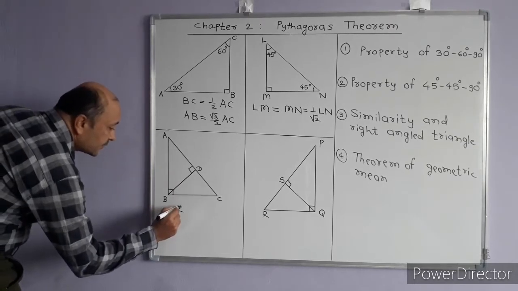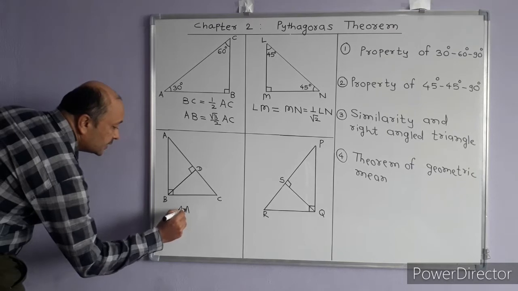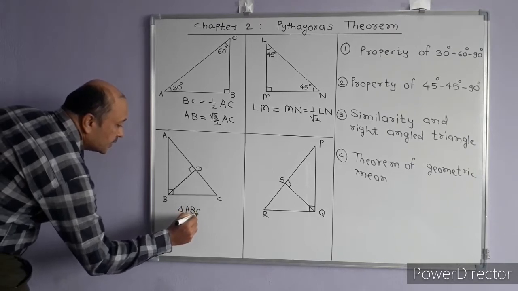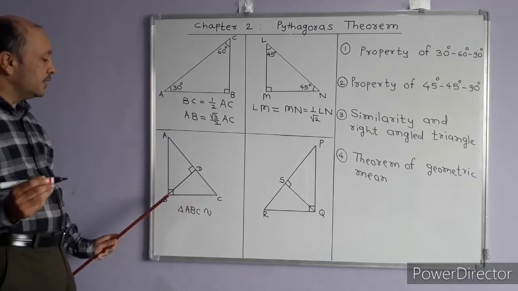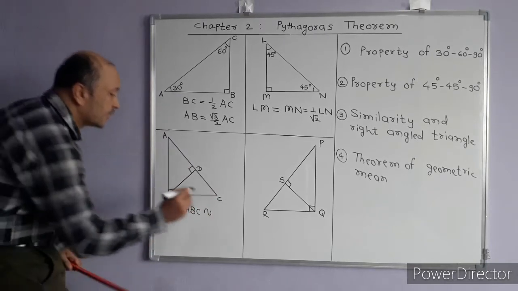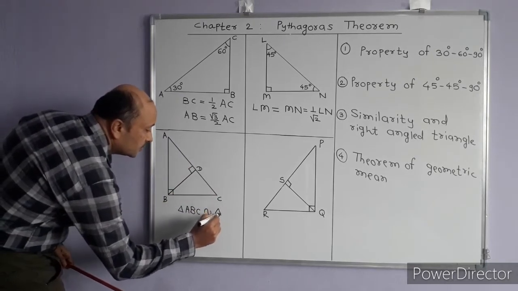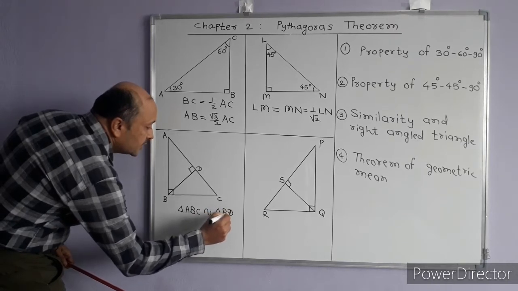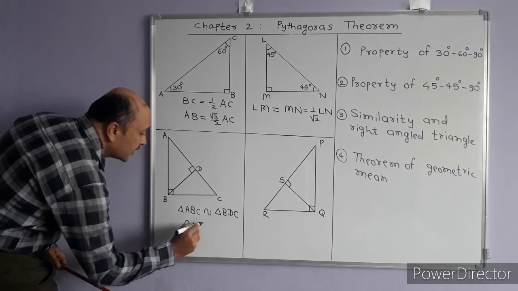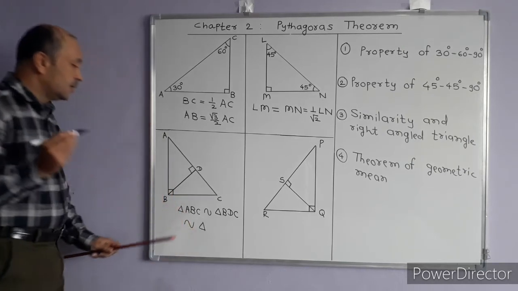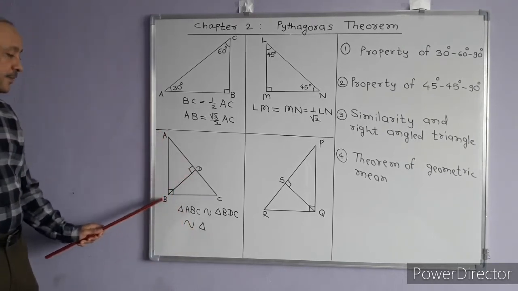Triangle ABC is similar with triangle BDC. BDC is similar with triangle ADB.